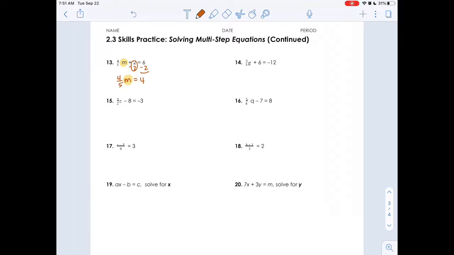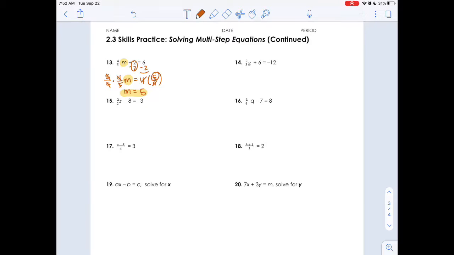Remember, to get rid of a fraction, instead of dividing by a fraction, we're going to multiply by its reciprocal. The 5 cancels with the 5, the 4 cancels with the 4, leaving me with m, and I'll multiply by 5 over 4 on this side. So I do 4 times 5, which is 20, divided by 4, which is 5. You might have also recognized that this can cancel, leaving us with just 5.